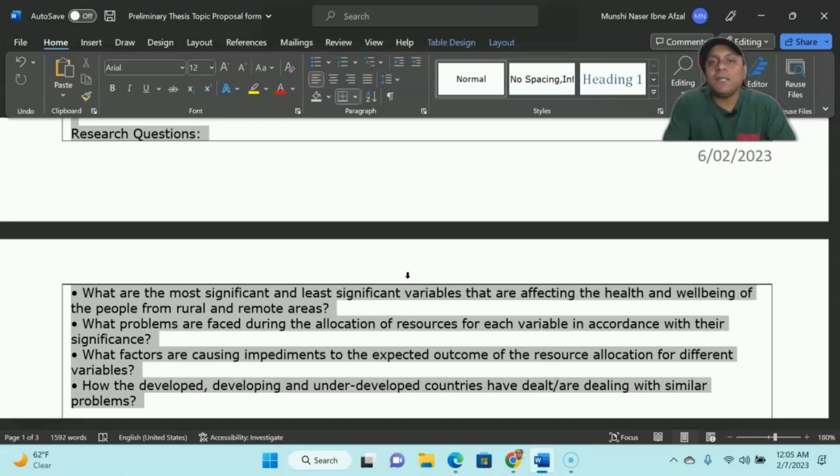So if I were the supervisor, I will happily take you, because you read my study, my research interest, you studied my profile, and then you wrote down the proposal and sent it to me, and since it is aligning with my work, I will be happy to supervise you.